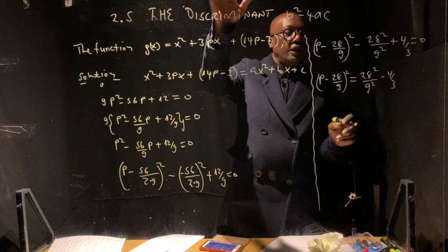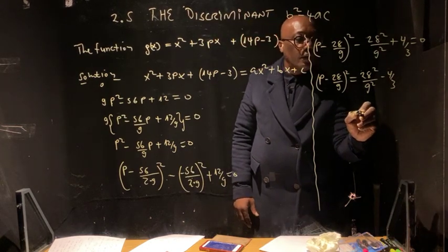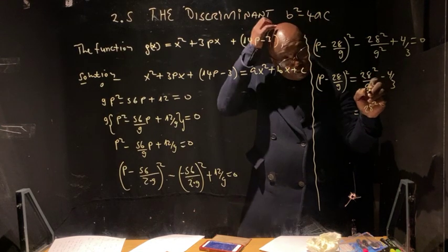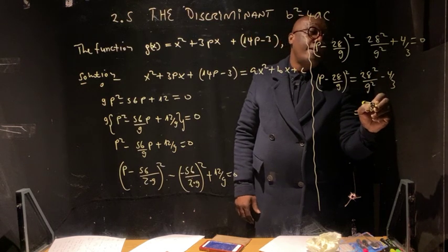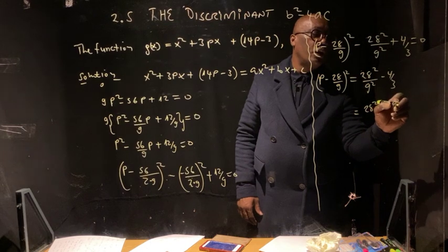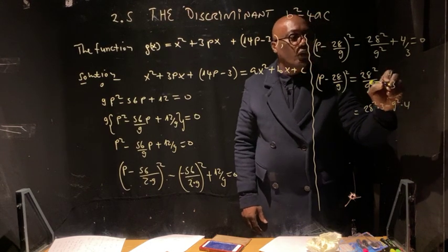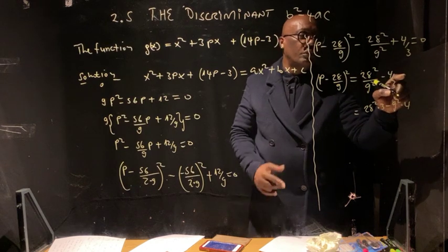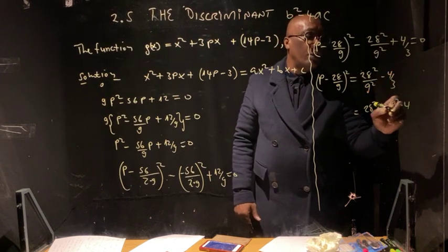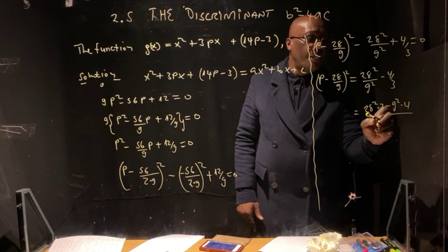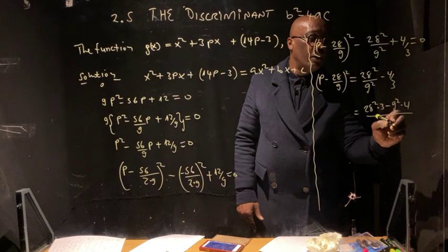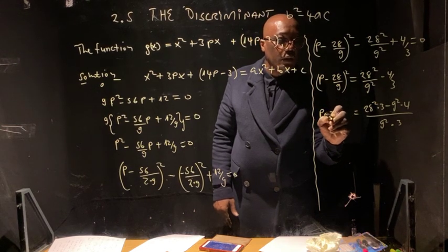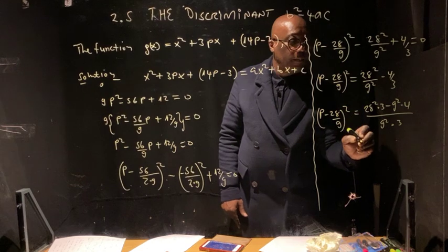Then with a common denominator of 9 squared times 3, cross multiplying, we have 28 squared times 3 minus 9 squared times 4, all over 9 squared times 3, which equals (p minus 28 over 9) squared. Okay.